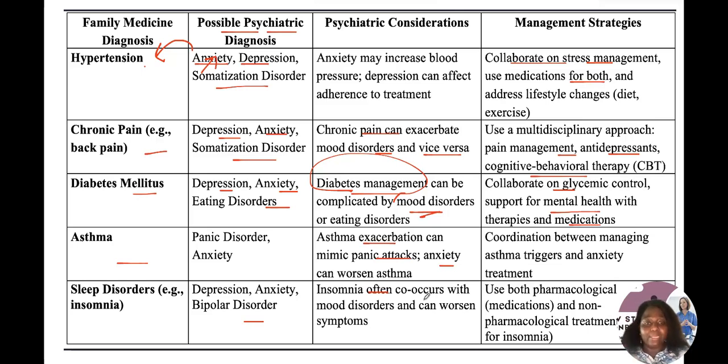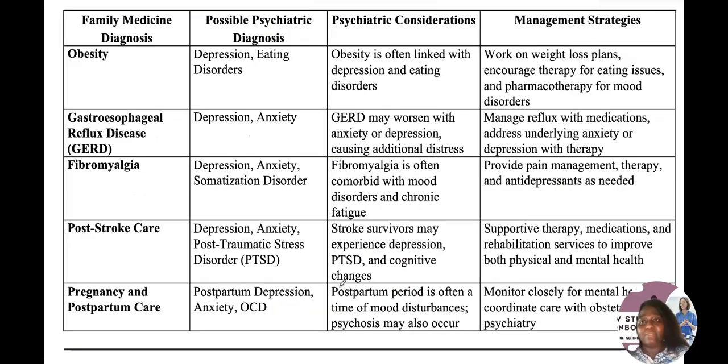So we got to use meds to mitigate that, or we can use non-pharmacological alternatives. What about obesity? What about the possible psych diagnoses, depression, eating disorders? Obesity is often linked with depression and eating disorders. Management strategies: work on weight loss plans, encourage therapy for eating issues, and pharmacotherapy for mood disorders.